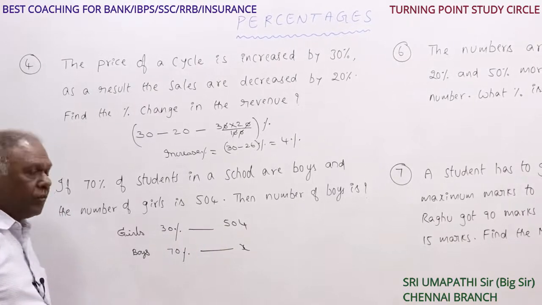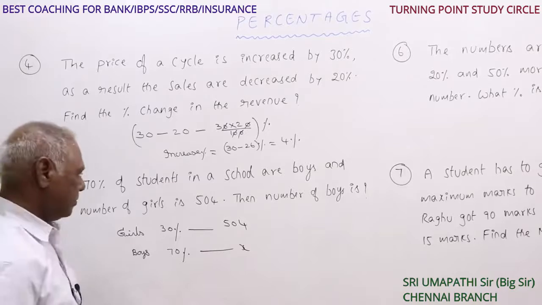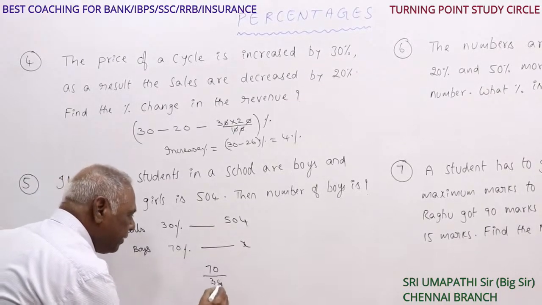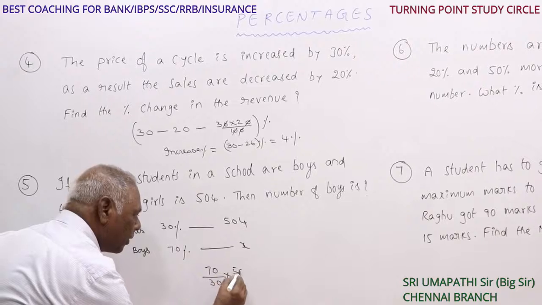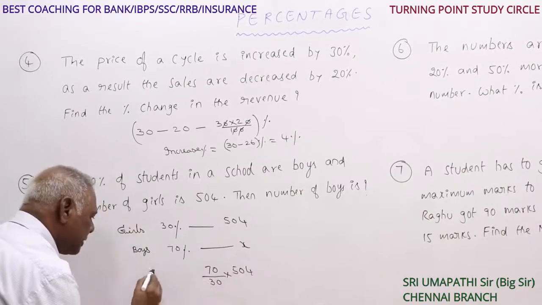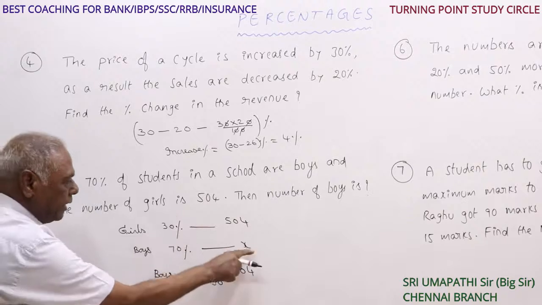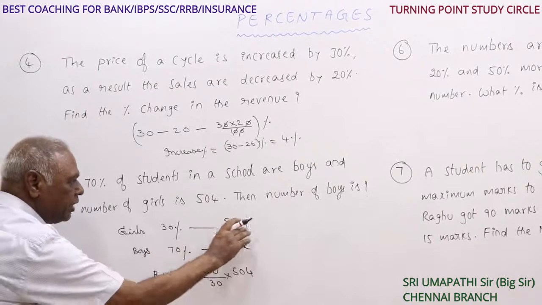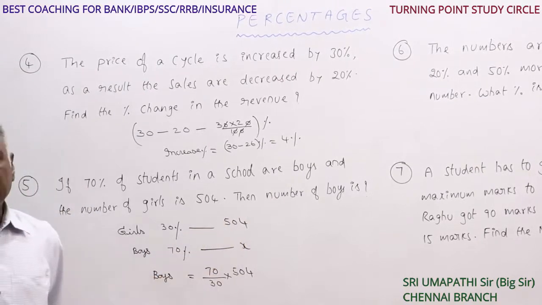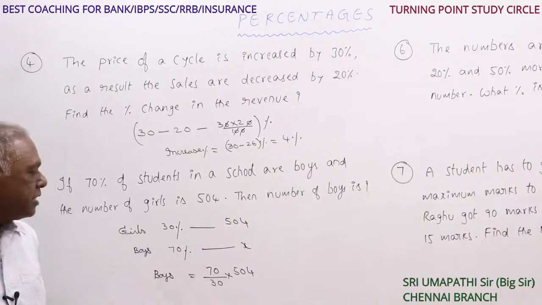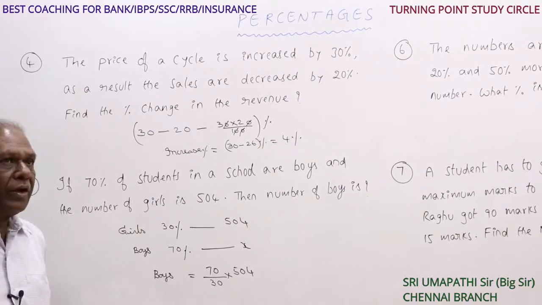30% is equal to 504. What is 70%? So it is equal to 70 by 30 into 504. So boys is equal to, 30 into x is equal to 70 into 504. So x is equal to 70 by 30 into 504.